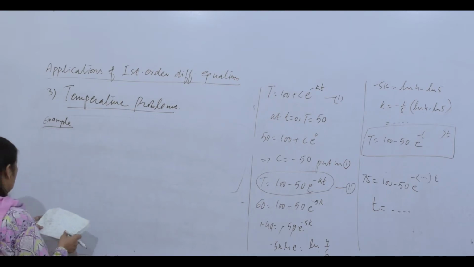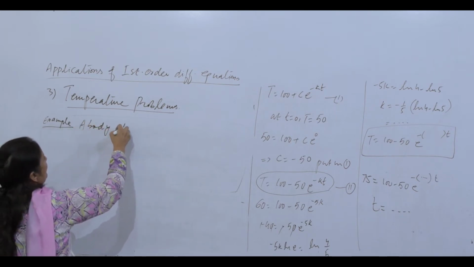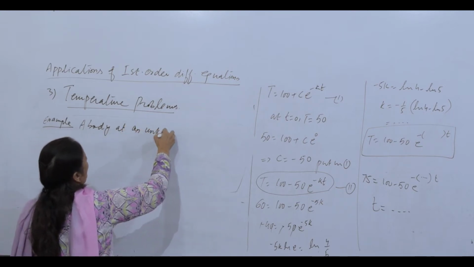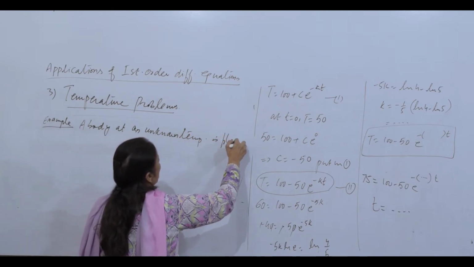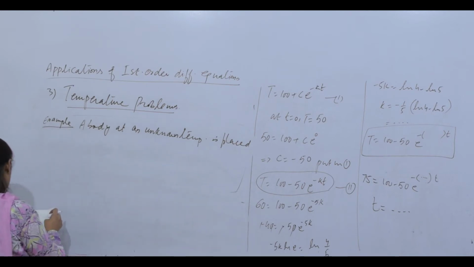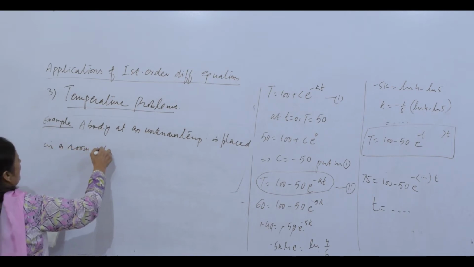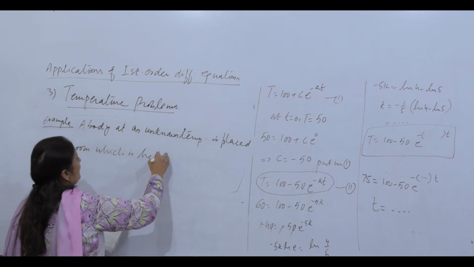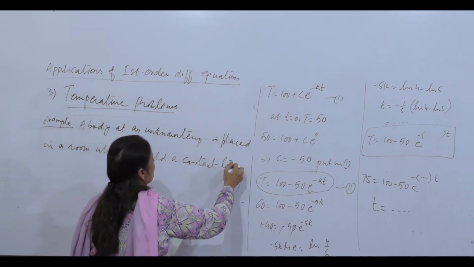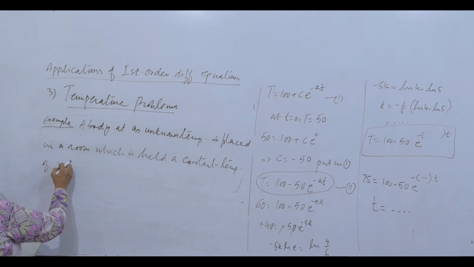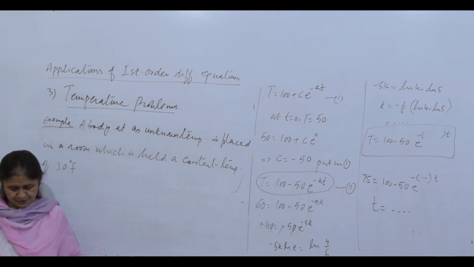A body at an unknown temperature is placed in a room which is held at a constant temperature of 30 degrees Fahrenheit. You do not know the temperature of the body, but what you know is the temperature of the medium.